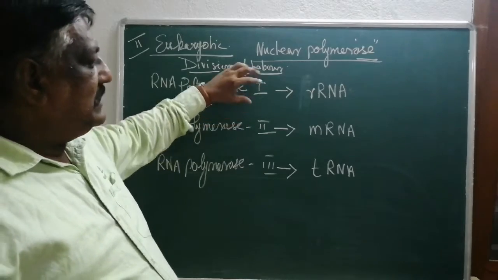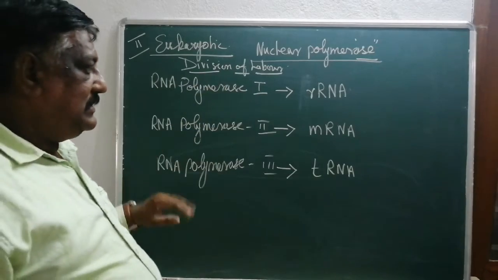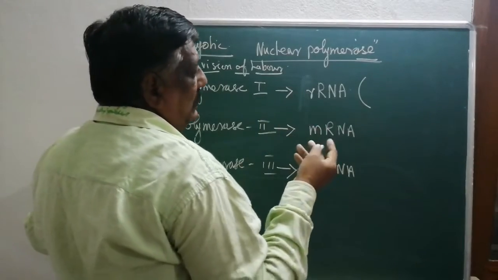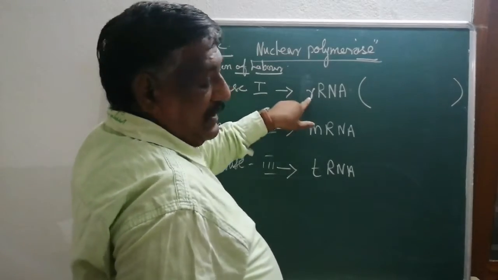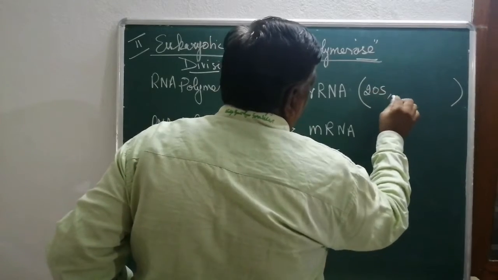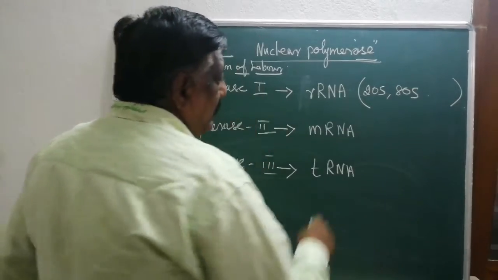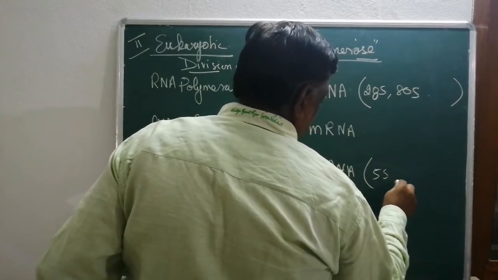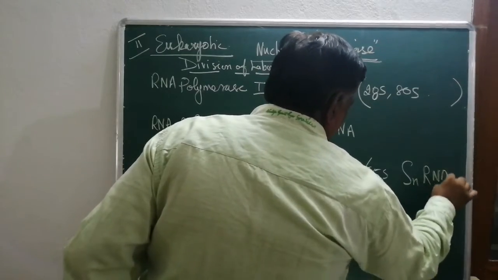RNA polymerase 1 is a separate enzyme involved in the process of rRNA synthesis, and it has smaller and bigger residues, and it produces not only rRNA along with its particles, 28S, 18S and 5.8S, and here it produces 5S and small nuclear RNA.